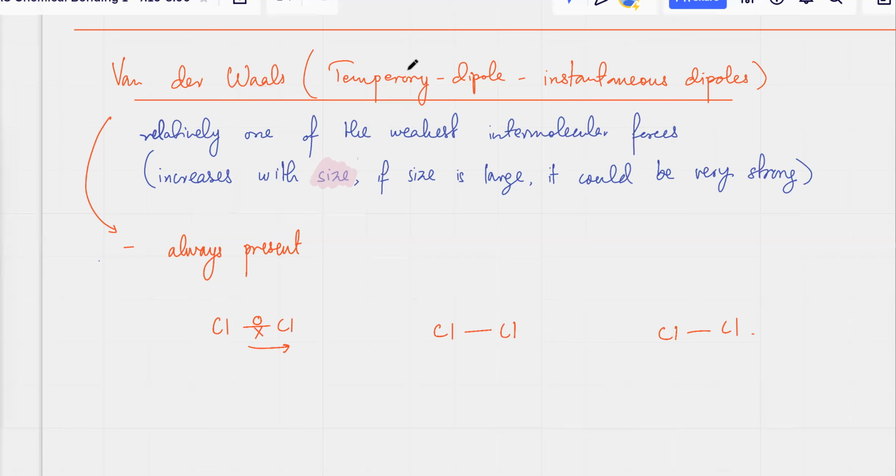During those collisions, randomly, the electrons might get knocked to one side, and that side would become slightly negative for a very temporary instant. And maybe right after, the molecule would collide with another molecule, and the electrons might get knocked to the other side. So this side would become slightly negative and this side would become slightly positive.